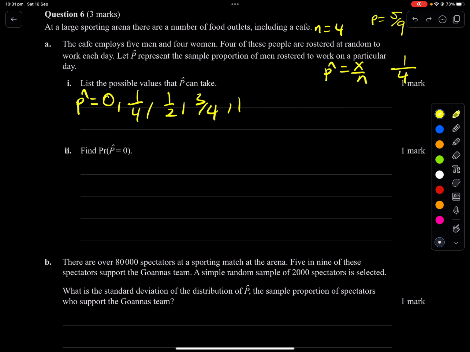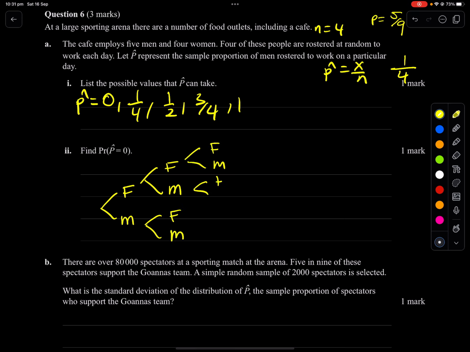Okay. If we have a tree diagram, female, male, because we're choosing 4, n equals 4, so we do female, male, female, male, and so on. But where P is equal to 0, we want 0 men, so all 4 people female.